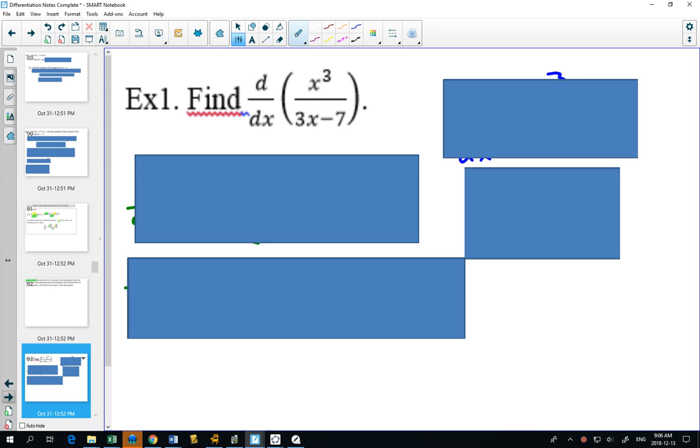Color coding time. We've got our function on the top and our function on the bottom. We're going to use our quotient rule. So I'm going to let you write the first step. I want you to plug everything into the formula.